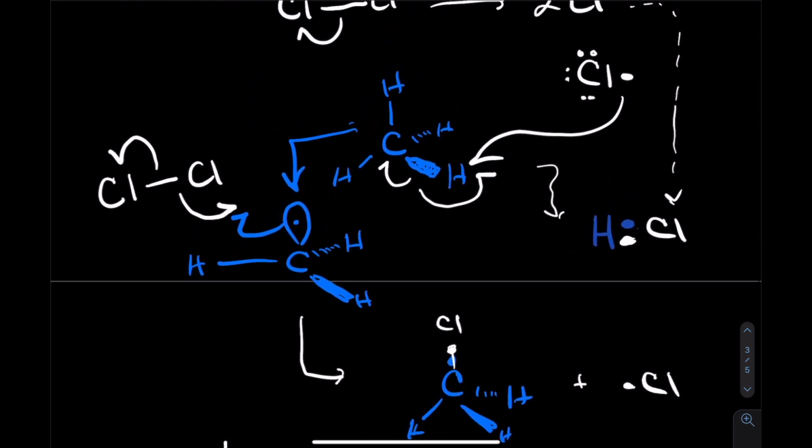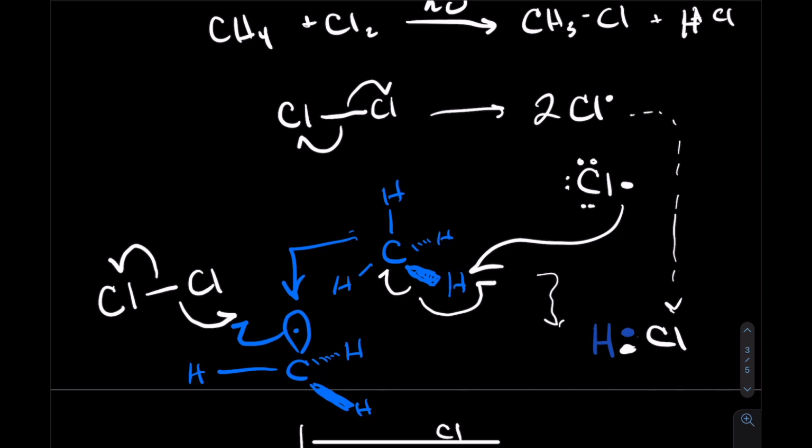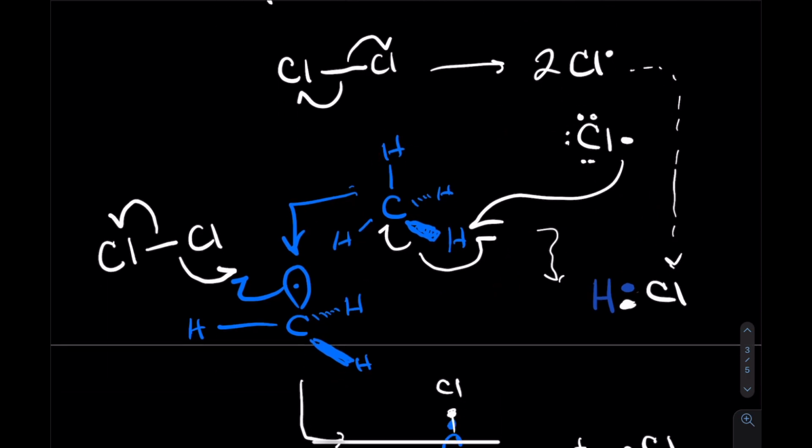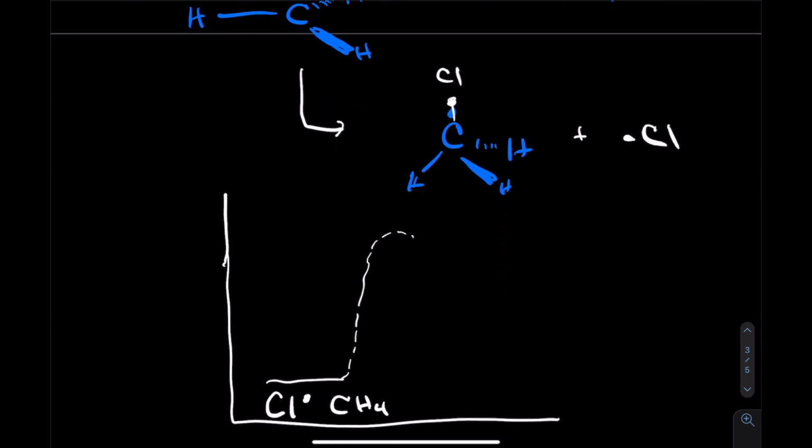That transition state is this hypothetical looking thing with arrows going everywhere, and you can't isolate it. But it kind of looks like this, where the chlorine is abstracting, a bond is forming between the chlorine and the hydrogen, and the bond between the hydrogen and the CH3 is breaking.